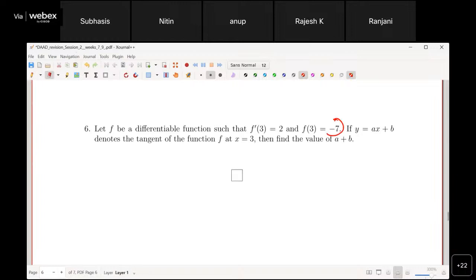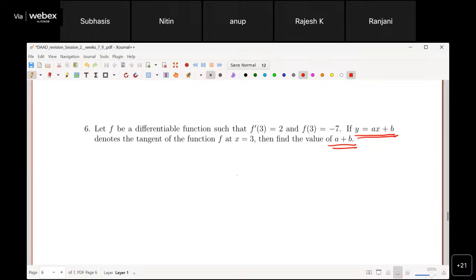Okay, and it is saying that suppose you have a line y, which is ax plus b. This line is nothing but the tangent line of the function at x equal to 3. So if this line denotes the tangent of the function at x equal to 3, then you need to find the value of a plus b. So any idea?